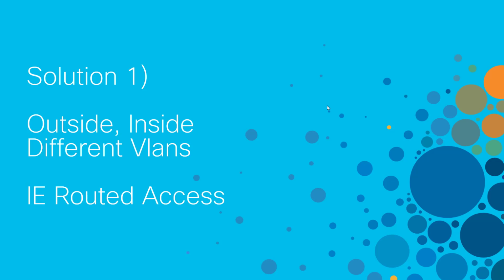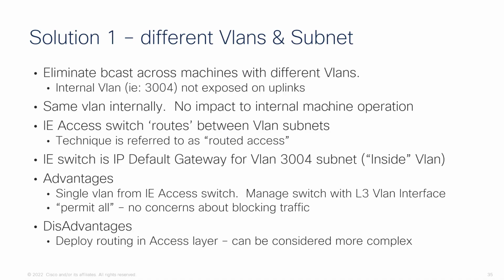So let's just jump into solution 1, which is outside and inside are using different VLANs as part of a routed access. Just to reiterate, the idea is this eliminates the broadcast across machines because we're using different VLANs. Every machine would still use the same internal VLAN and the same subnet, so that doesn't really change.